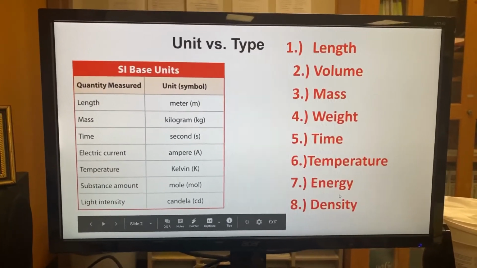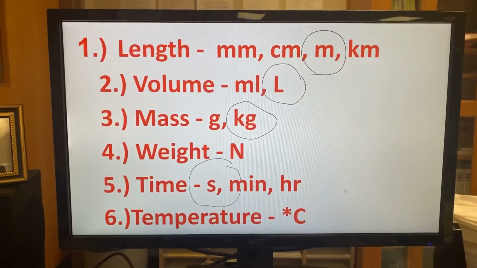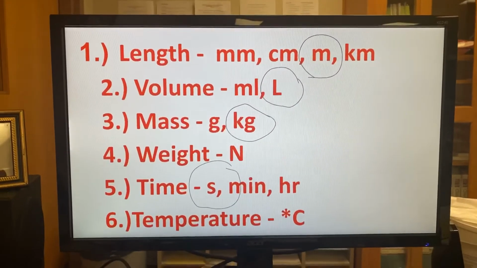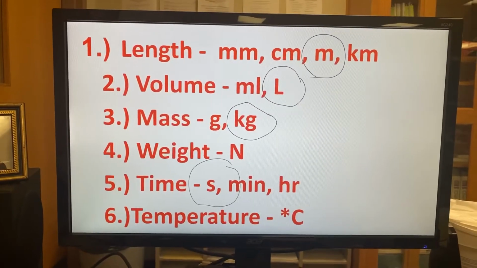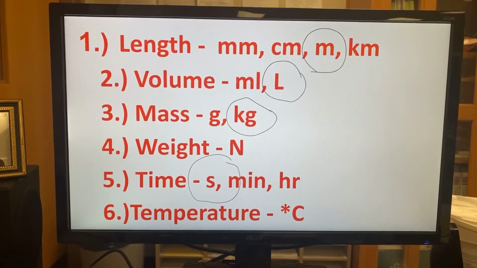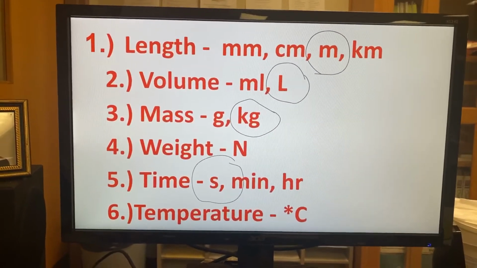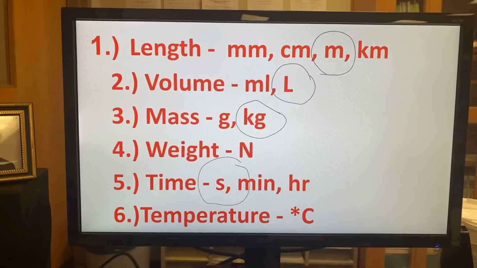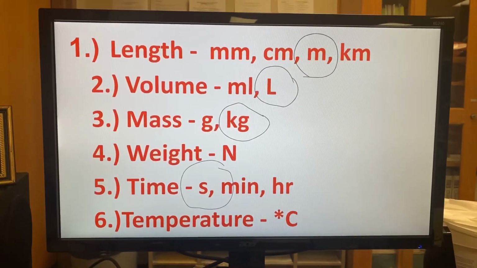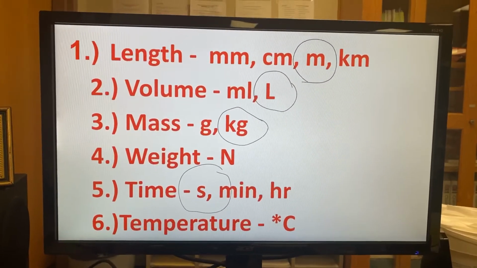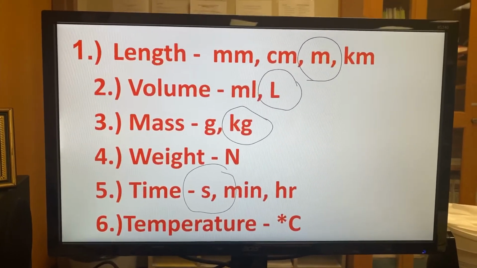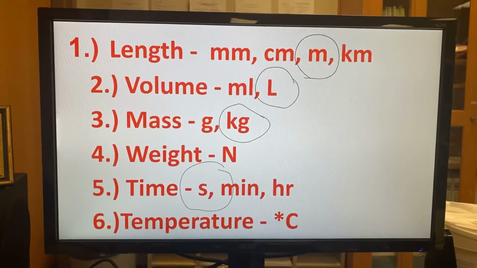So of these measurement types, we learn that there are different units. Now, we know that the circled unit is called the base unit, but these other units are used to quantify. Let's take, for instance, length. If I were going to tell you your height, then perhaps centimeters, probably more so meters, would be the correct unit.